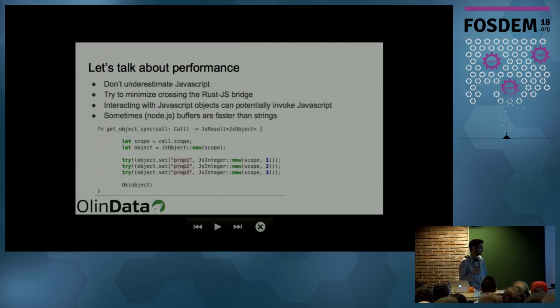In fact, I would say for setting properties in objects, as much as you can, try to do it in JavaScript code, because V8 will optimize your code, but this is not optimized code anymore. And if you have a lot of data, try to use buffers, which are a Node.js data type that refers to a space in memory, and they are much faster than strings when you send them to Rust.